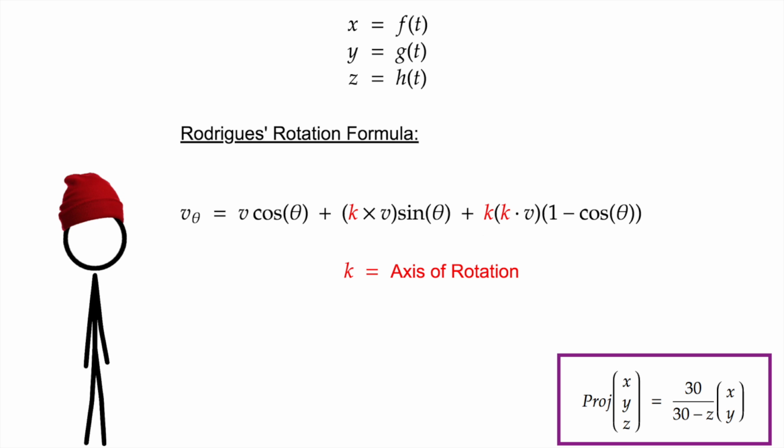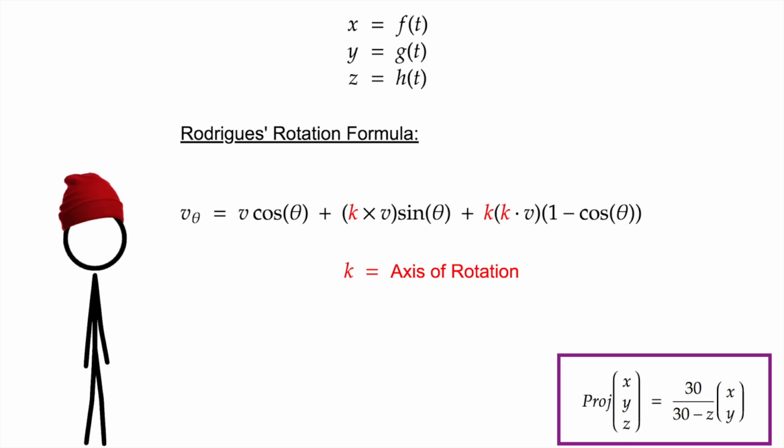k is another vector which describes the axis of rotation. So okay, yeah, you've got your vector v, and you want to rotate v, but you gotta tell me what axis you want to rotate it around. Do you want to rotate it around the x-axis, or the y-axis, or the z-axis, or a diagonal axis? Okay, we need to decide that.